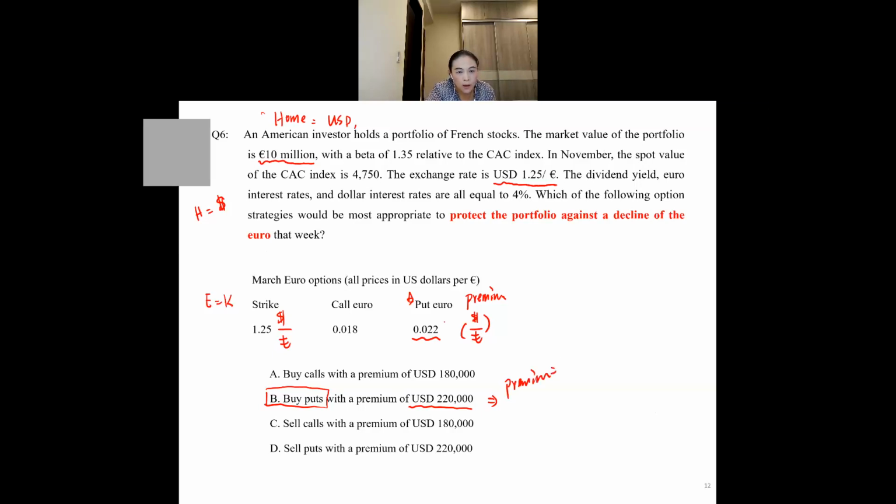In total, what we want to hedge is euro 10 million, so it will be euro 10 million times the premium quotation of 0.022 dollars per euro. Cross out the euro, and the answer would be 220,000 US dollars. So that's our premium cost. This would be the answer here.